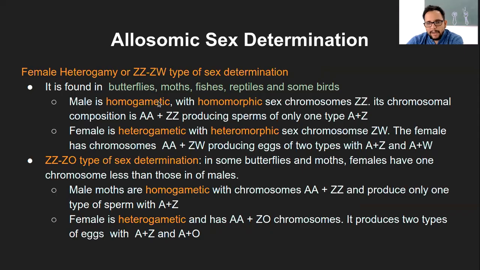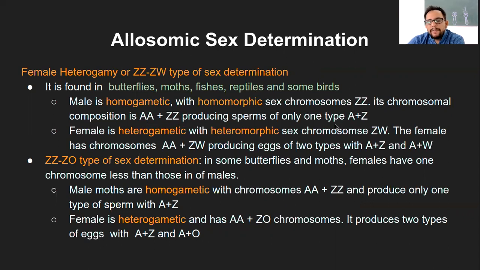So the male is homogametic, with homomorphic sex chromosomes, that is ZZ, and its chromosomal composition will be AA plus ZZ, that is some number of autosomes in pairs and the sex chromosomes ZZ.